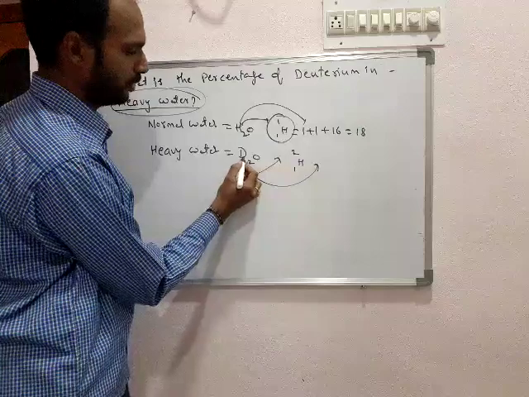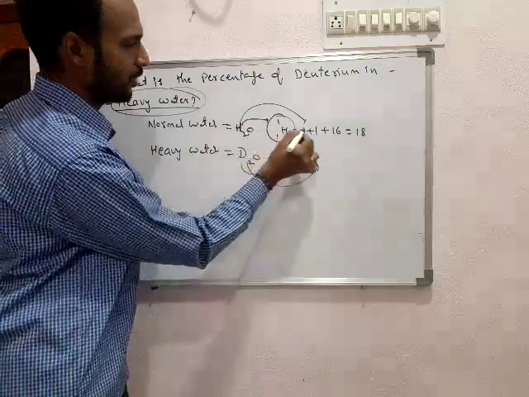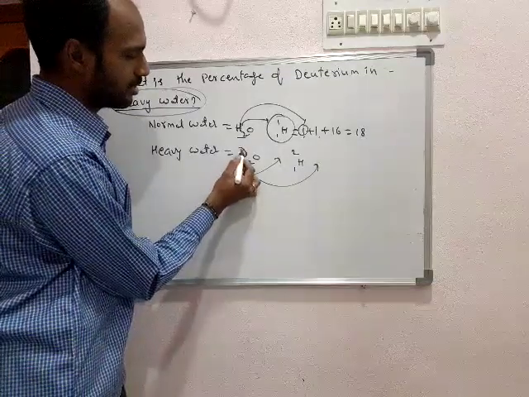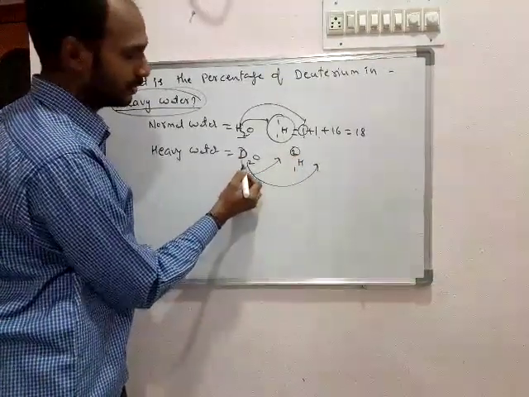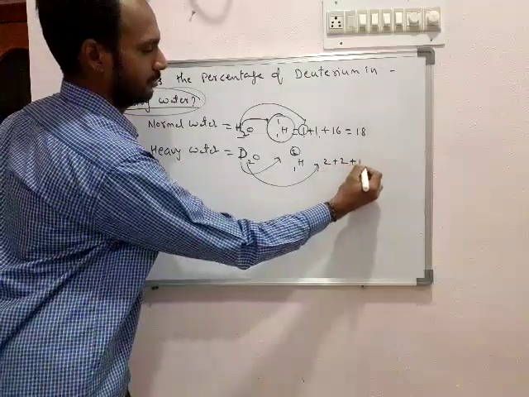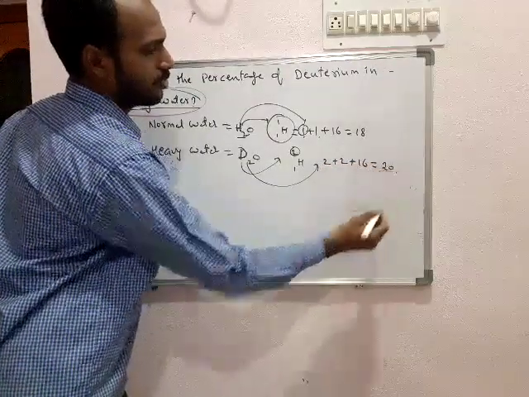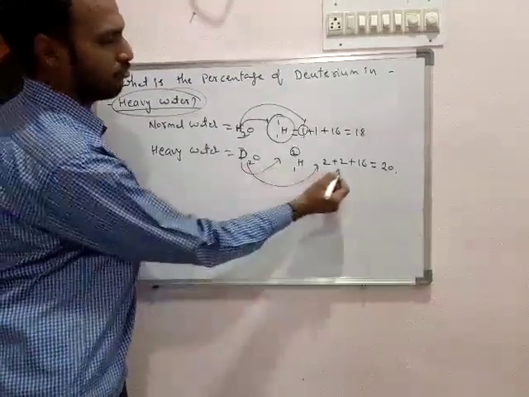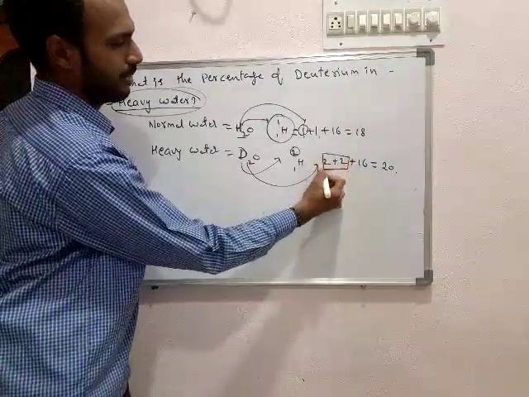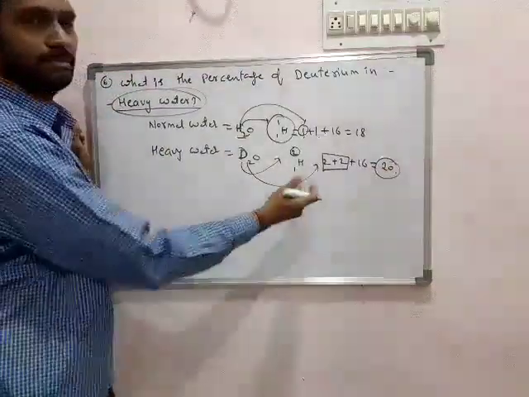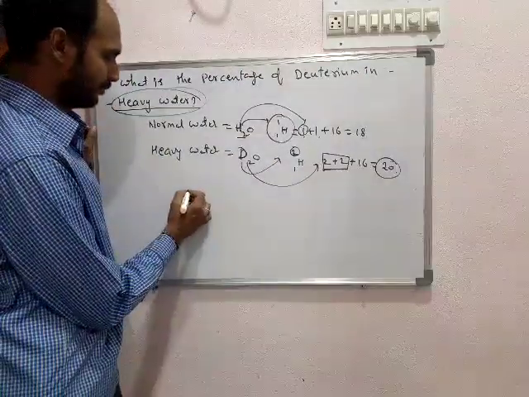In D2O, here the hydrogen mass in normal water is only 1, the 2 hydrogens are 1 plus 1. Here the hydrogen mass is 2 units, so that's why 2 deuteriums are there. That is equal to 20 grams. Now we need to find the percentage of deuterium in this total molecular mass.